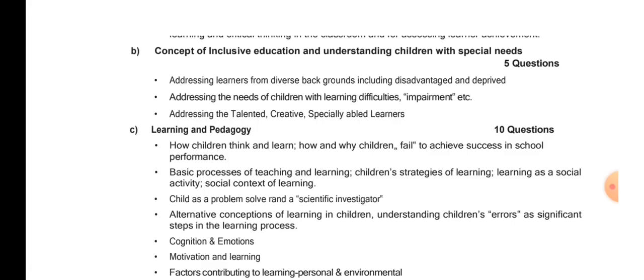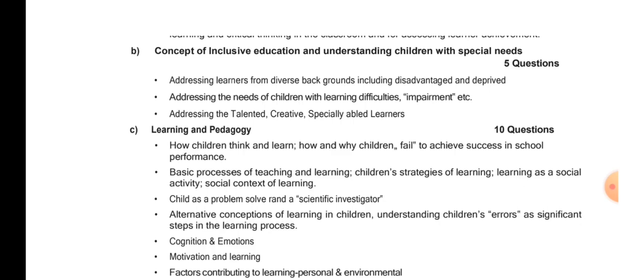Those who are specially abled are also included, and those children who might be suffering from different types of learning disabilities like cerebral palsy or dyslexia, dyscalculia, right? Then ADHD.